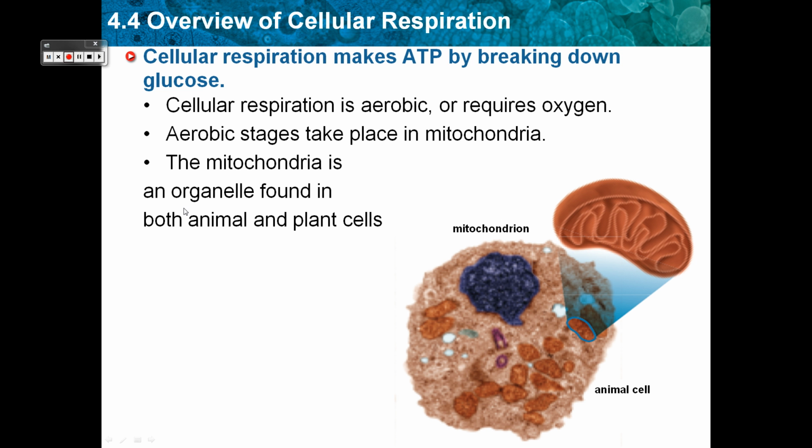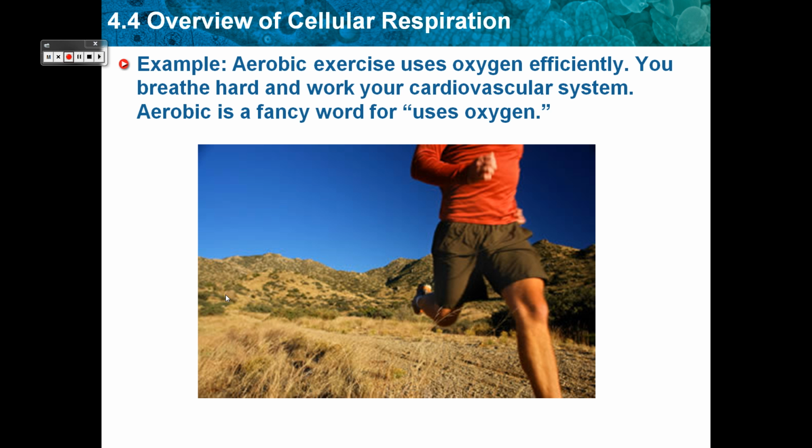The mitochondrion, as you remember, is an organelle found in both animal and plant cells. Now here's an example. You've heard of aerobic before, I think. Aerobic exercise means you're using oxygen pretty efficiently so that your muscles don't overtire.